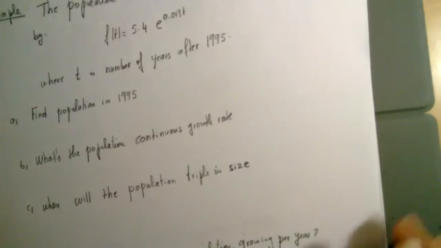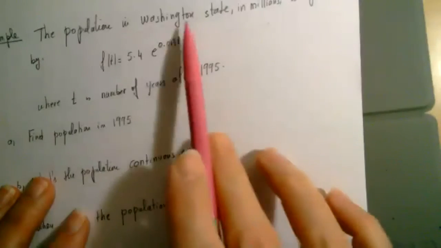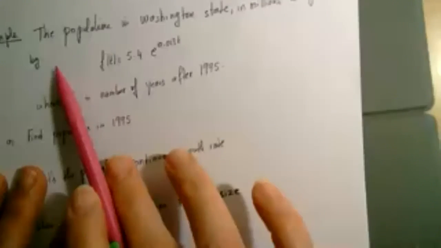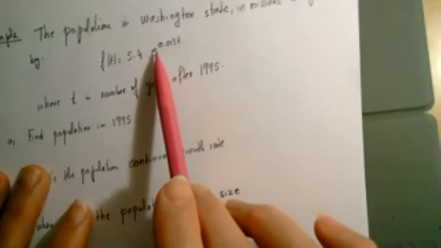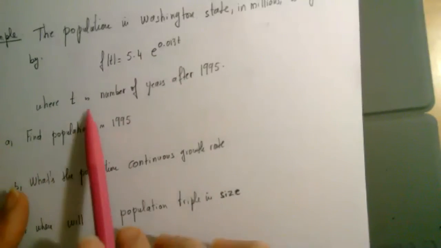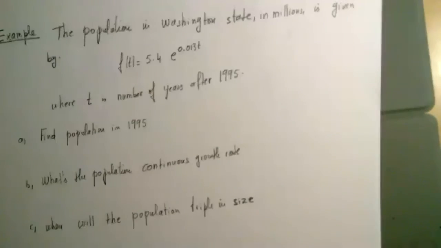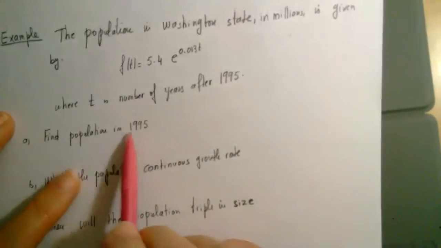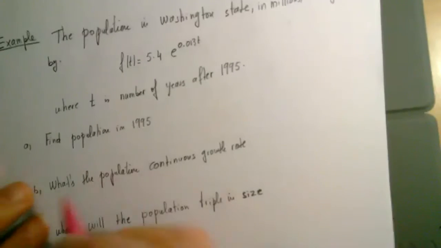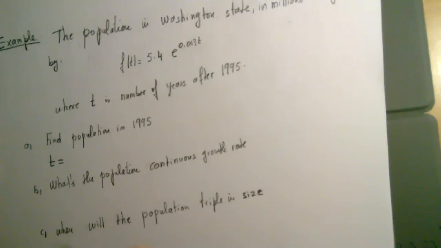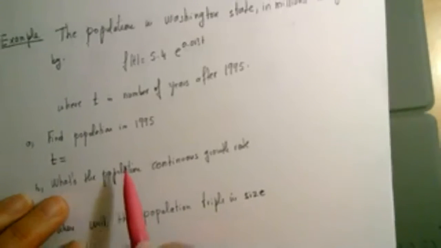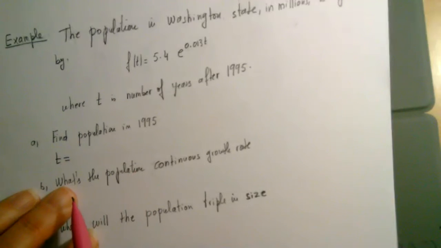Okay. We will do this problem together. The population in Washington state in millions is given by this function. As I said, a lot of times population is given in this format, where t is number of years after 1995. So the first question is find the population in 1995. So what's t in this case? Think for 1 second, not more than that.